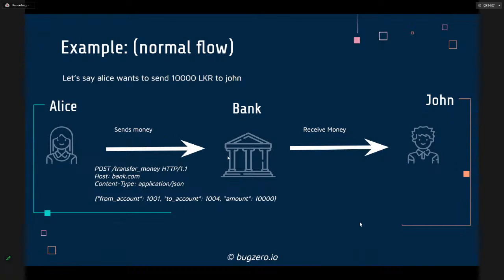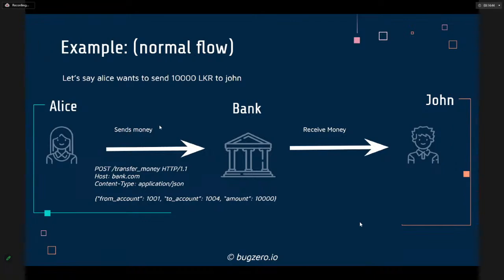This is the bank, and Alice in his web app will try to send the money through the web UI, enter the amount, select the account number and send the request. Now let's say Alice is not a normal person. Let's say Alice is actually a hacker. So what would Alice try to do then?